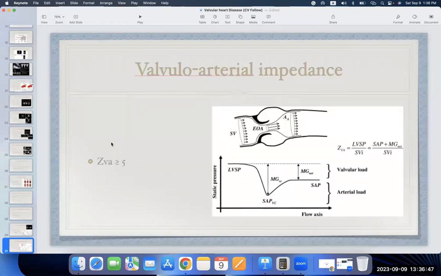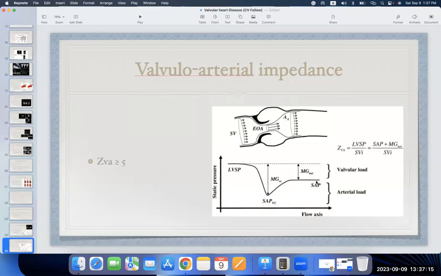This concept is advanced, but basically what I'm trying to say is that afterload can affect your outcome significantly. Afterload is represented by both the systolic arterial blood pressure and the net pressure gradient. To improve your outcome in your patient, you need to reduce the systolic blood pressure to the normal range.